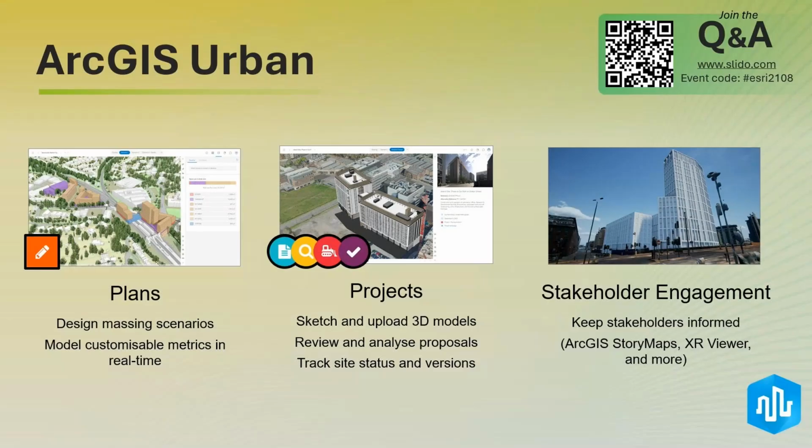It's a web-based solution which offers planners and developers a collaborative, data-driven scenario planning environment. Urban uses a digital twin of the area of interest and supports the use of contextual web scenes to help guide design. Originally licensed as an add-on, ArcGIS Urban is now available through the Professional Plus named user type license, and it has the three elements on the screen.